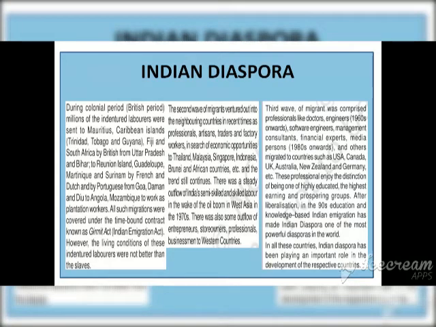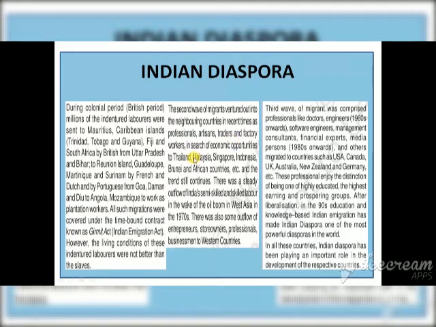India's skilled and semi-skilled labor went to West Asia in the wake of the oil boom in the 1970s.